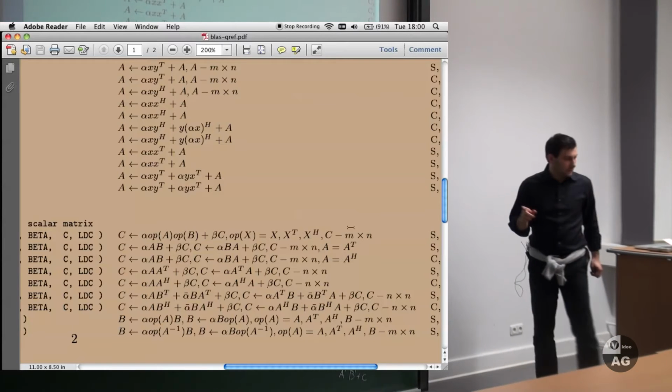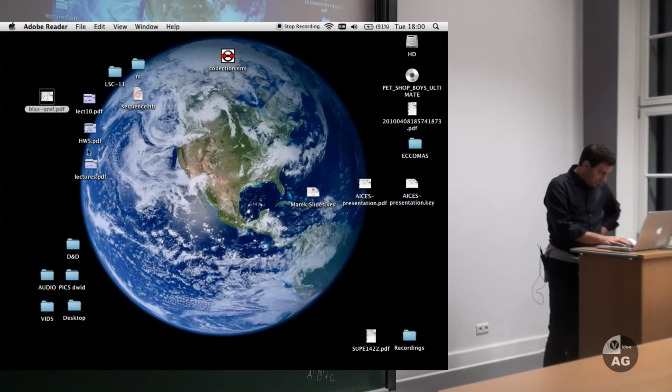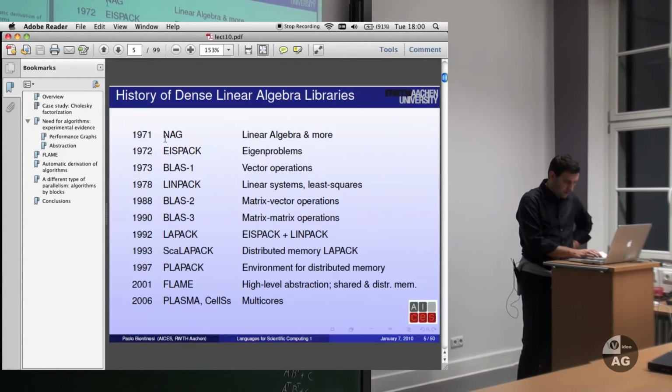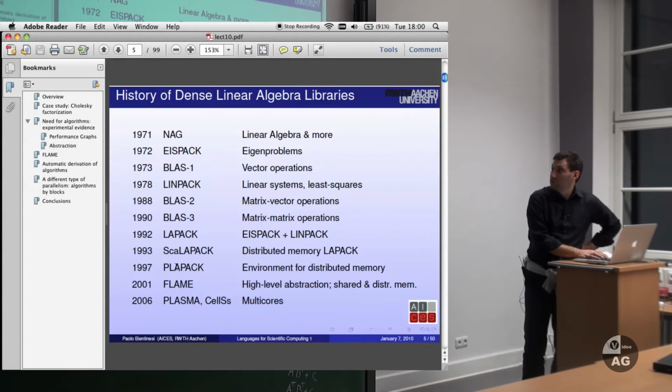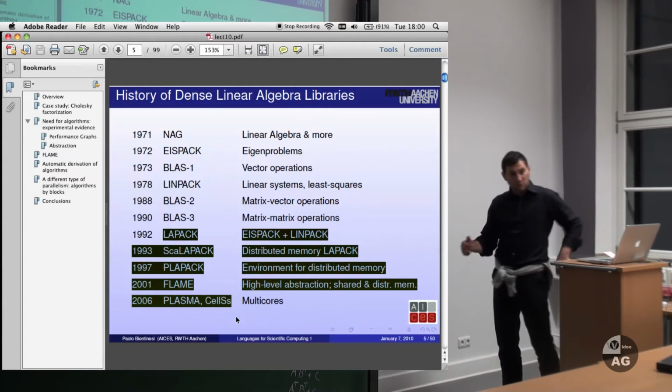I want to point out that all the other libraries that I have shown here are built on top of BLAS.